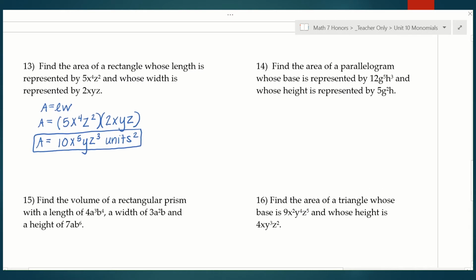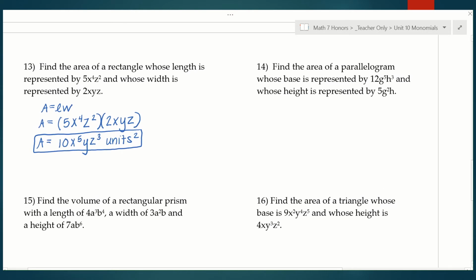All right, let's go for number 14. Find the area of a parallelogram whose base is represented by 12g to the fifth h to the third and whose height is represented by 5g squared h. Okay, so area of a parallelogram is base times height. So I have a base of 12g to the fifth h to the third, and I'm going to multiply that by the height, 5g squared h.